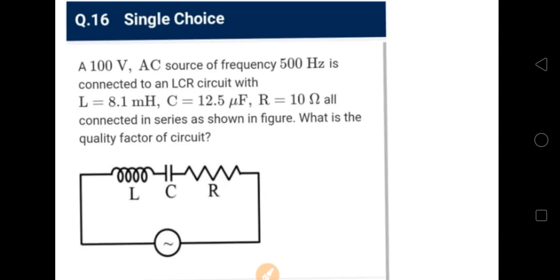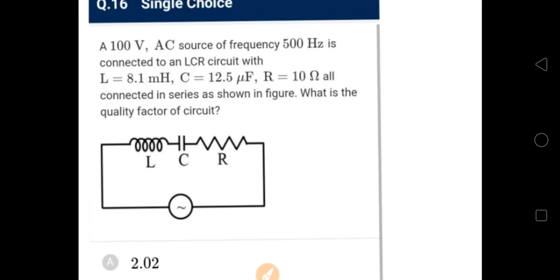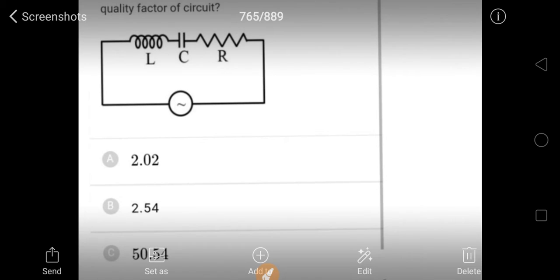A 100 volt AC source of frequency 500 Hz is connected to an LCR circuit with L value, C and R given, all connected in series. What is the quality factor? These are the four options. I will say it is simply a formula based question.